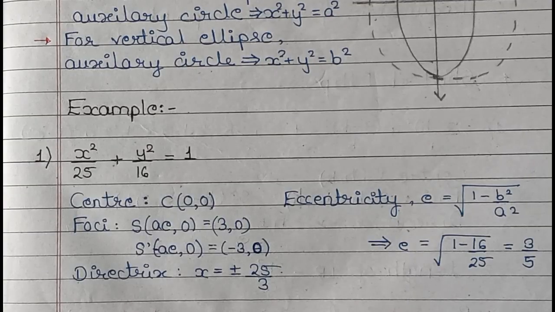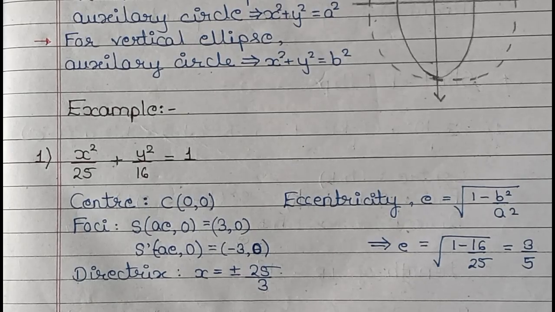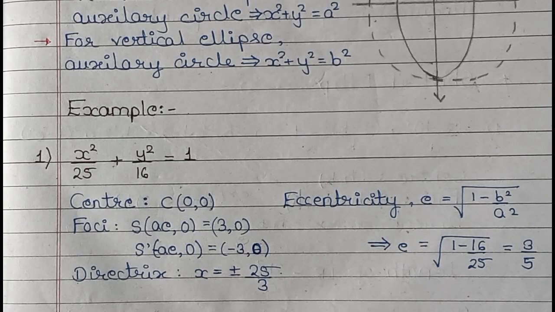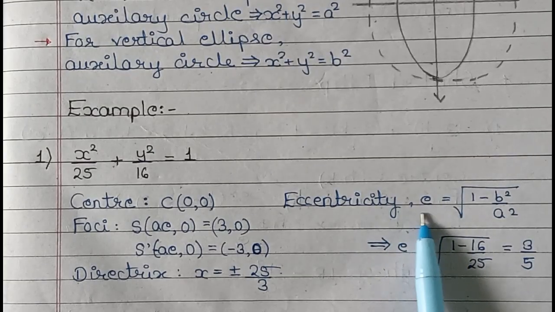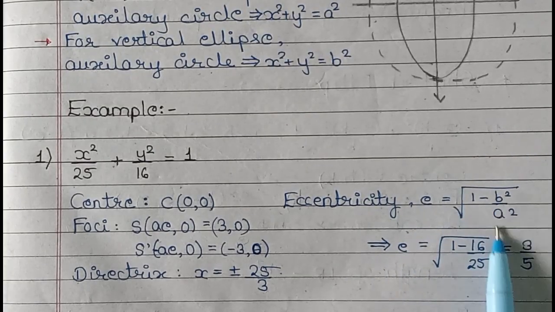Let's take an example. The first is x square by 25 plus y square by 16 is equal to 1. So what will be the center? As you can know, this is a standard ellipse. The center will be 0, 0. The foci, we know it is ae, 0 and minus ae, 0. To first find the eccentricity, we have to find it by this formula. e is equal to under root 1 minus b square by a square.